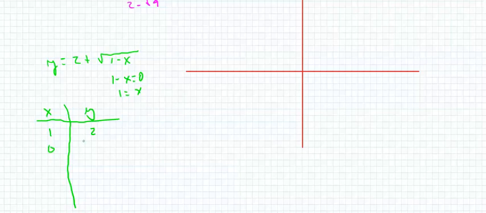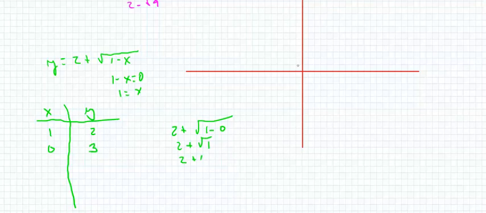Instead of going over 1 to the right, I'm going to go over 1 to the left. It's 0. 2 plus the square root of 1 minus 0, 2 plus the square root of 1, or 2 plus 1 is 3. So I have the same starting point, but now at 0, I'm at 3. Well, let's try 4 over from positive 1, which is negative 3.